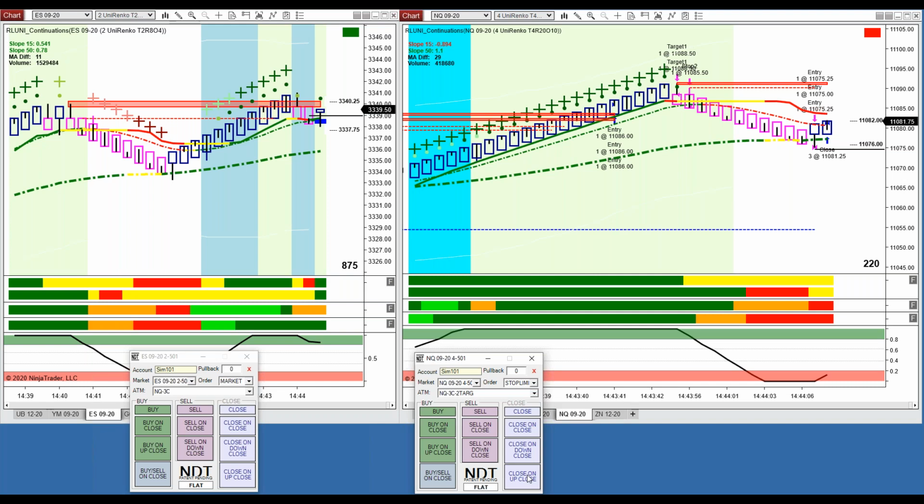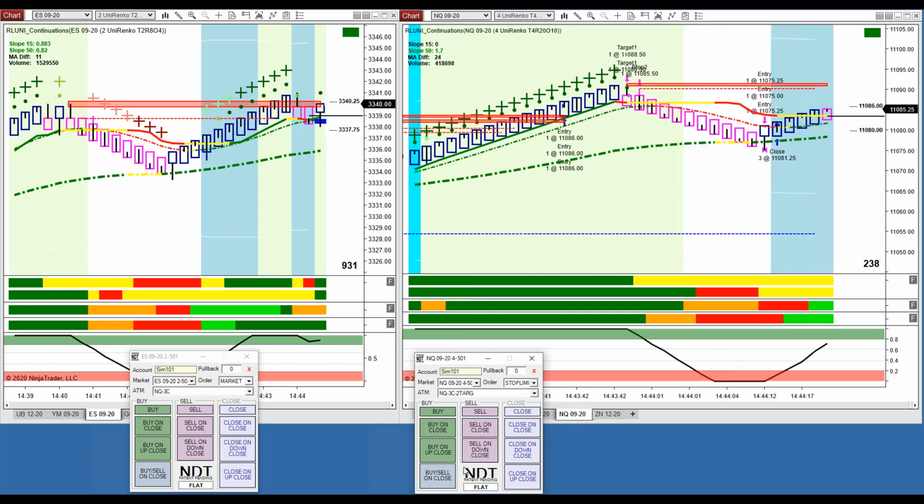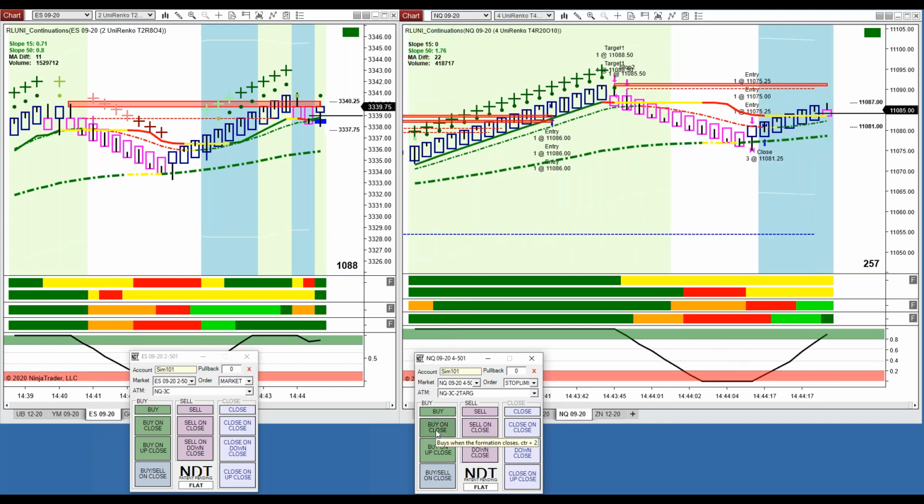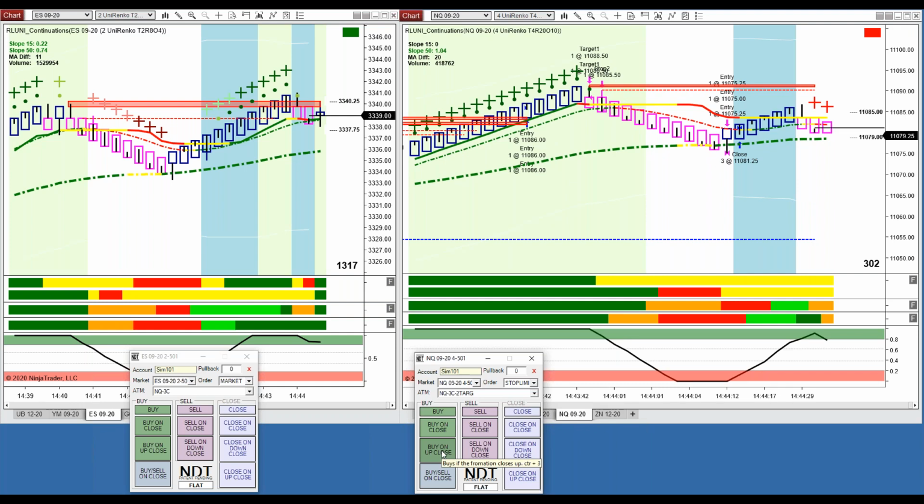I'm not looking to make money. I'm just looking to show you how it works. Order submitted. Order canceled. Now, if you go for a long trade and the candle closes to the downside, you're going to get an automatic cancellation. You don't have to run any cancel. Order canceled.